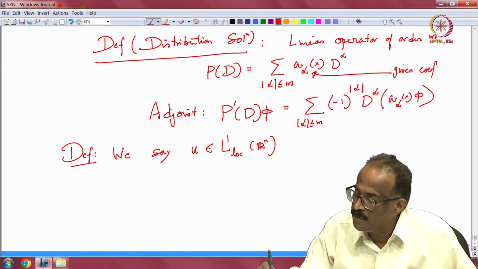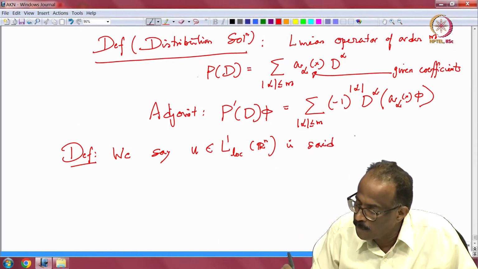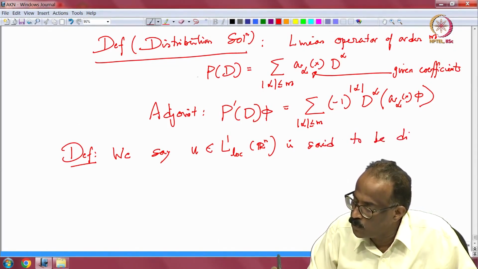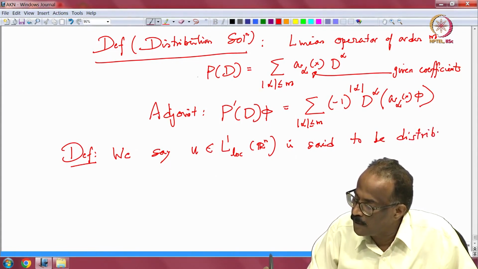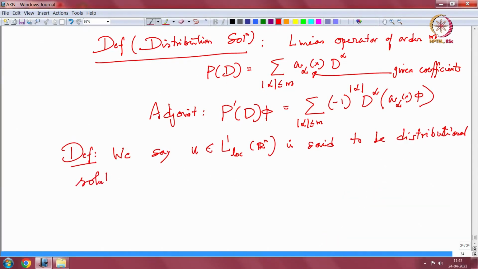You can put smoothness or whatever; of course, there are more general studies. u is said to be a distributional solution of PD of u equal to f, where f is given, in L1 loc of Rn.